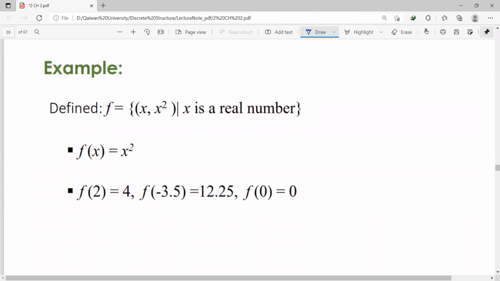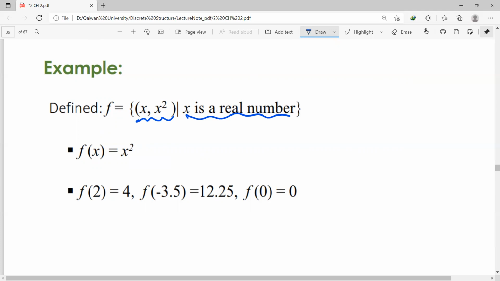We have one more example. F is defined by x and x squared, where x is a real number. That means our domain is the set of all real numbers. And the function is, if you give any element to the function, it gets squared.